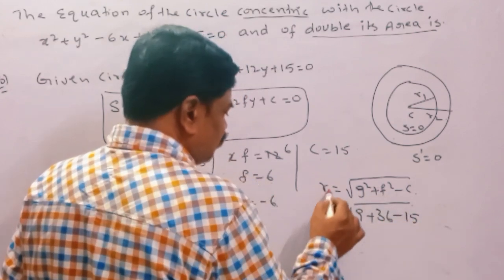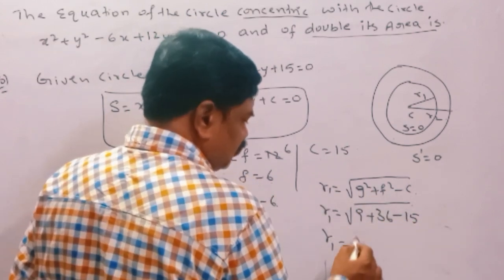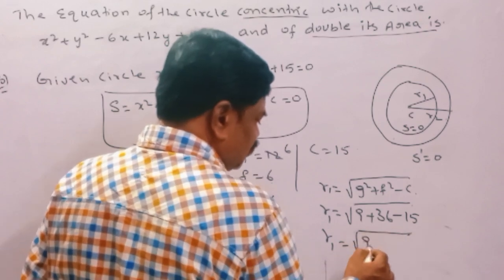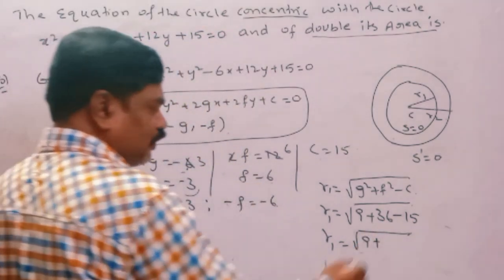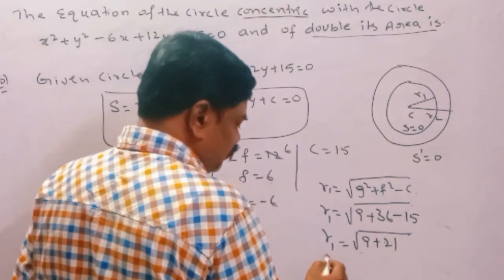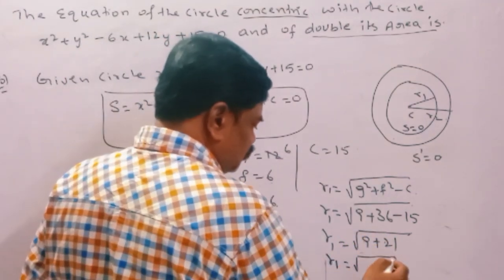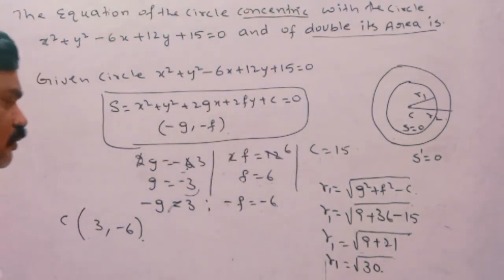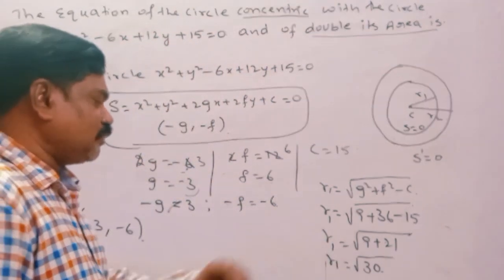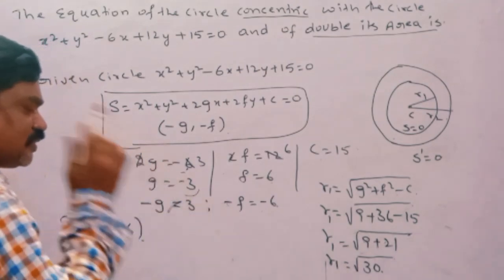So R1 is equal to root over 9 plus 36 minus 15, that is 21, no, 30. So R1 is equal to root 30.